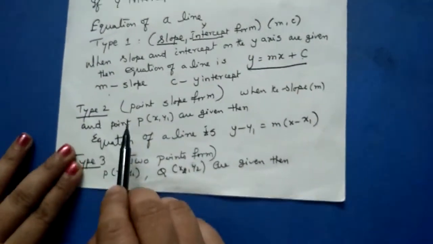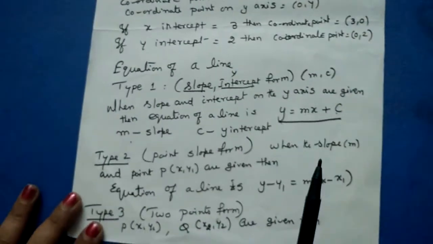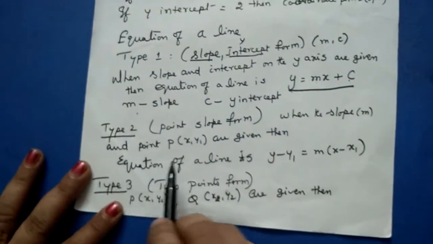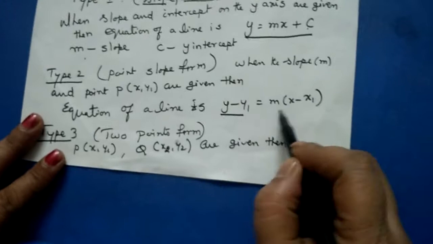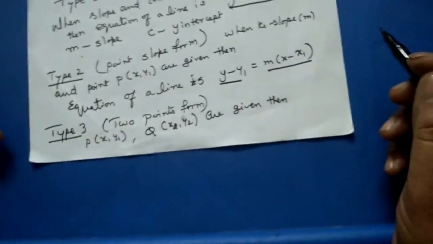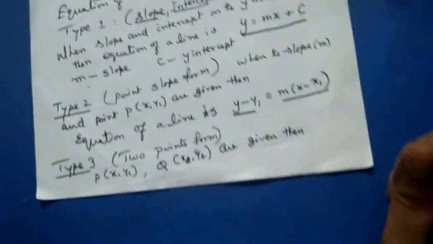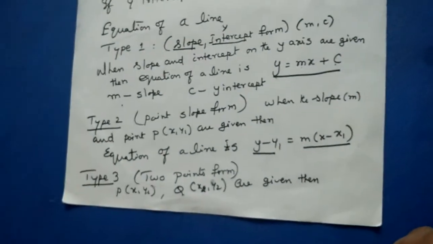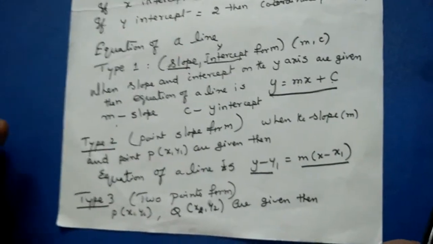Type 2, the point slope form. One point is given, x1, y1, and one slope m is given. Then you have to find the equation by using the formula y minus y1 is equal to m of x minus x1. Sometimes they will give the slope directly or theta, that is the inclination. Suppose the inclination is given, then slope is equal to tan theta.